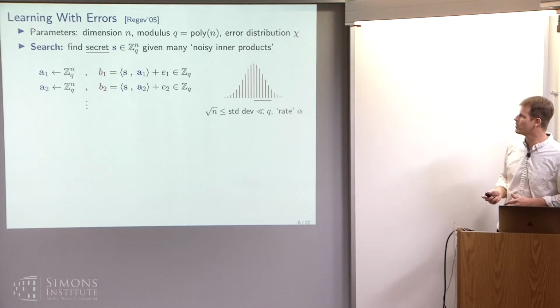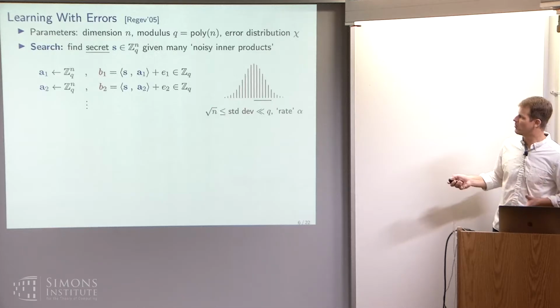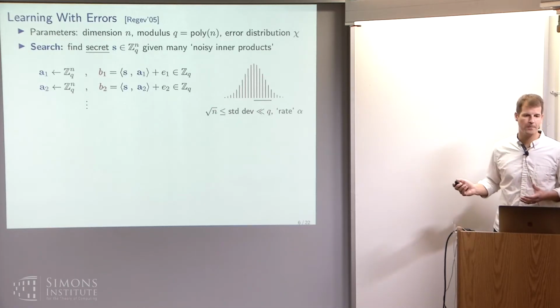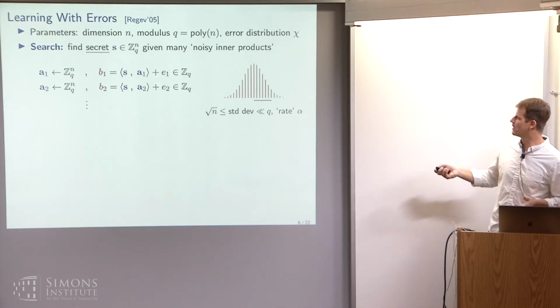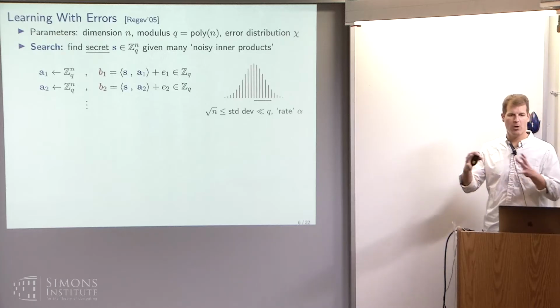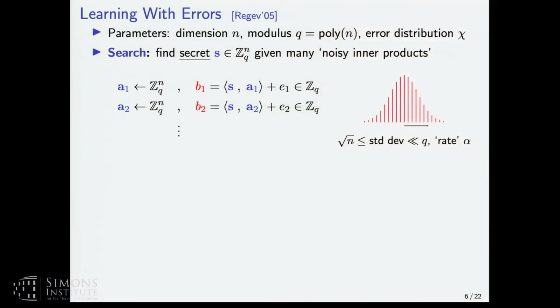The parameters we usually think about are a Gaussian-looking error distribution with a standard deviation of about square root n, which is much, much less than Q. Think of this error as covering basically an alpha fraction of all of ZQ, centered at 0 with a width of alpha times Q.